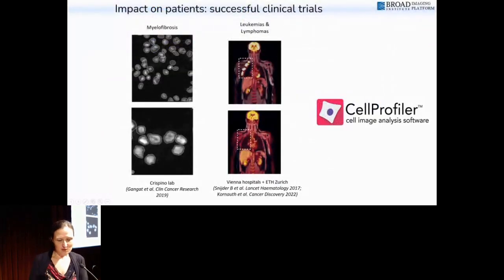My past work in the field of image analysis has had an impact on patients. There are all kinds of really cool projects, and I won't be talking about any of that today, but I wanted to highlight two that have yielded successful clinical trials.